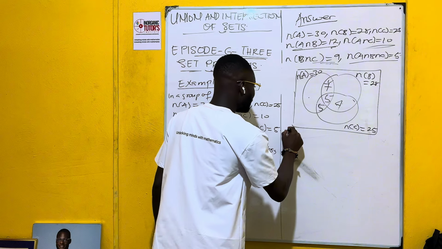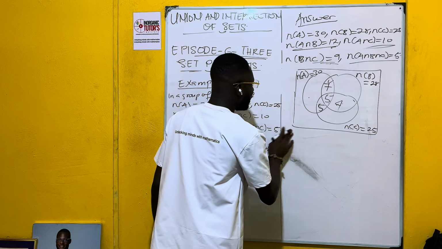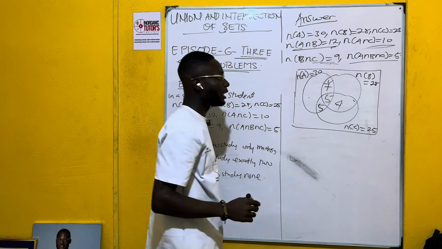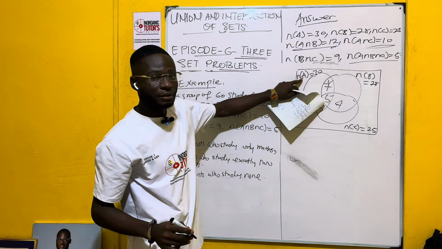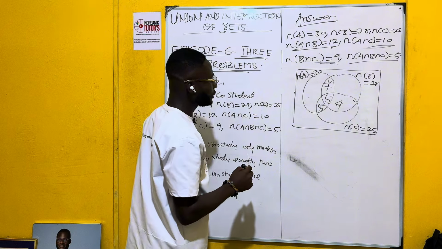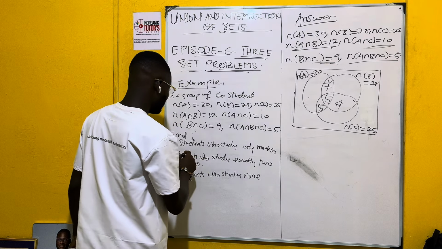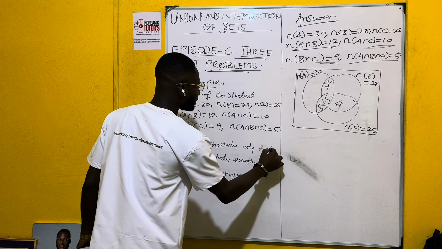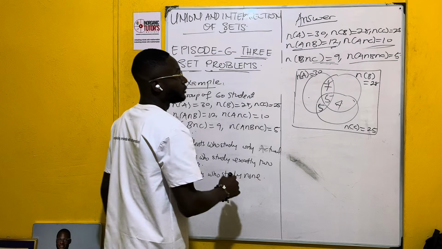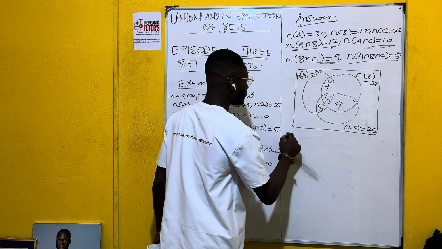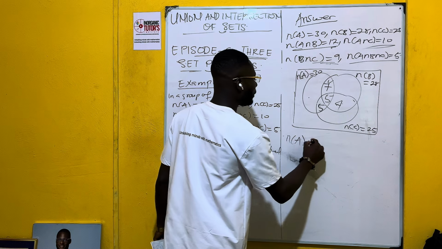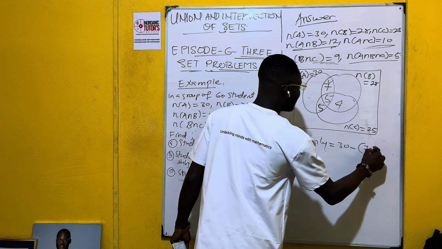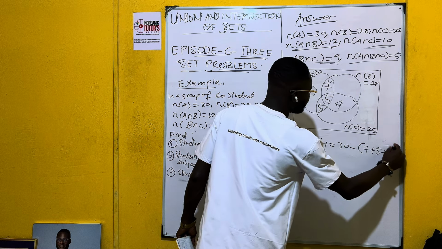So we have n of A only, the number of actuarial science students only. That becomes n of A only equals 30 minus (7 plus 5 plus 5).